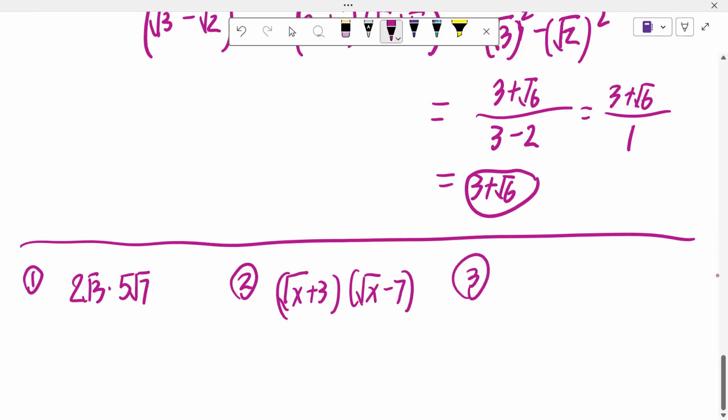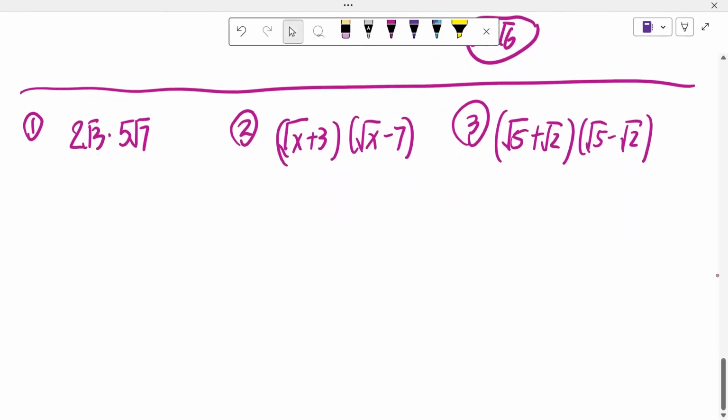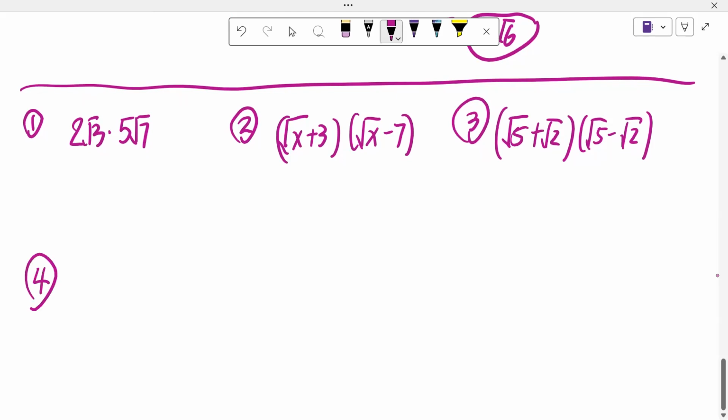Third one, square root 5 plus square root 2 times square root 5 minus square root 2. And fourth one, 2 over square root 5 minus square root 3. Try this really quickly.